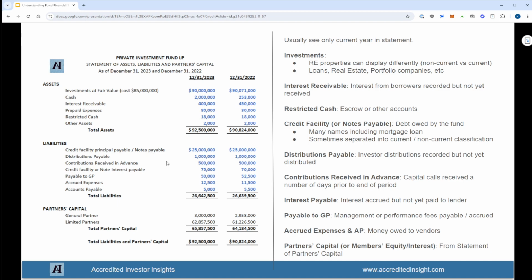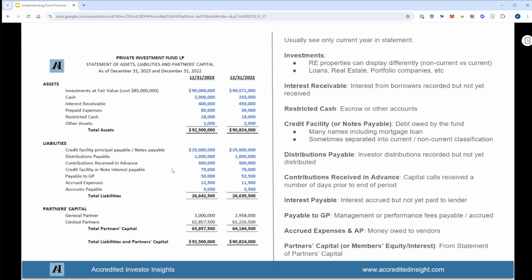The next line is distributions payable. These are distributions that are not yet sent out to investors as of the end of the period, but they are recorded on the books. Just timing issues around the end of the year. These are usually fairly small, and I don't pay much attention to those. Same for the next line, contributions received in advance.